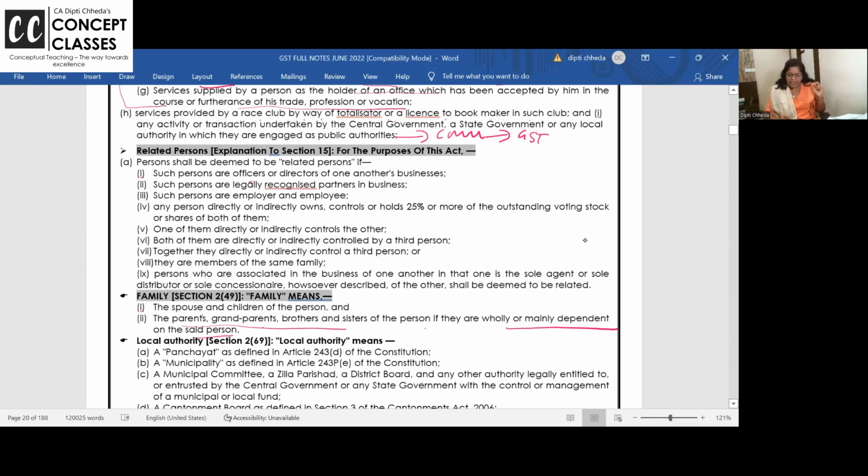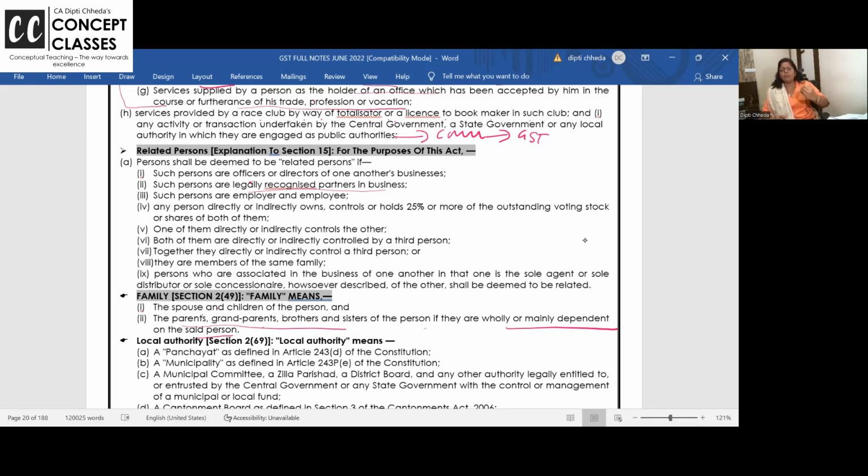Such persons are legally recognized partners in a business. We two are partners in a firm, then we two are related persons. Such persons are employer and employee. But for employer and employee, GST is specifically excluded. Otherwise you would say, ma'am, we never paid GST on salary, so GST is not charged.